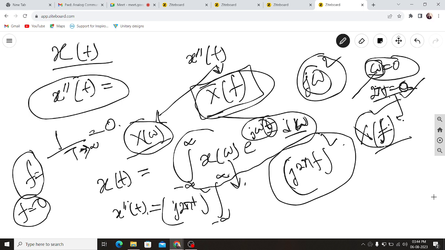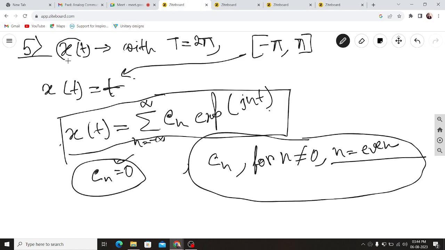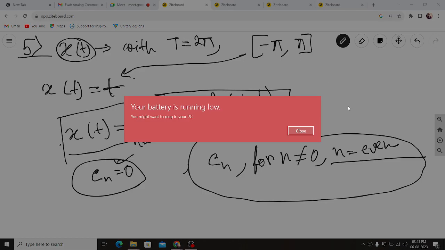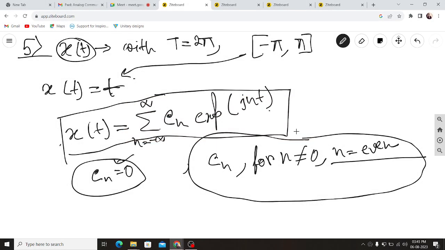So the question is, once again, I have a signal xt and it is periodic with time period T equal to 2 pi, and the period is also minus pi to pi, and it has a value x of t equal to t.